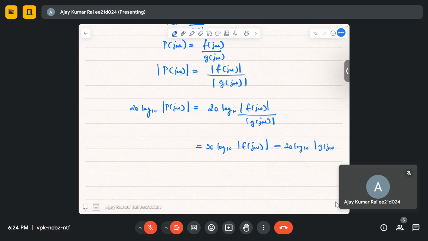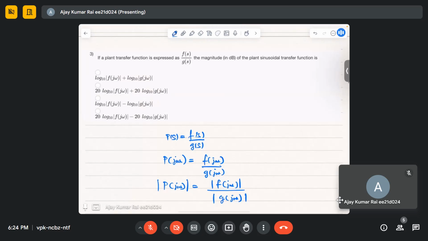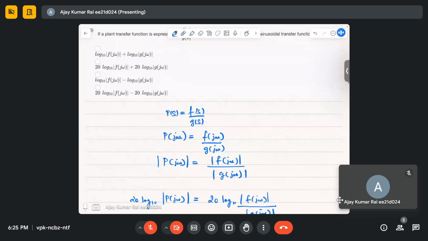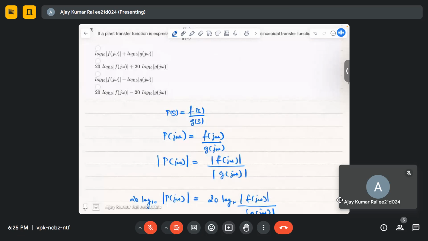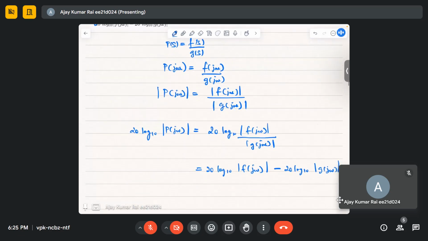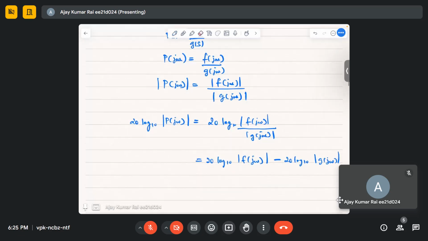So this is also the reason why we are taking the log. In this, if you see the options here, the first option is wrong, the second is also wrong, because we are getting minus here because G of j omega is in denominator. So the last option is correct. This is also a very straightforward question. I hope there is no doubt. Already we have seen in the theory.